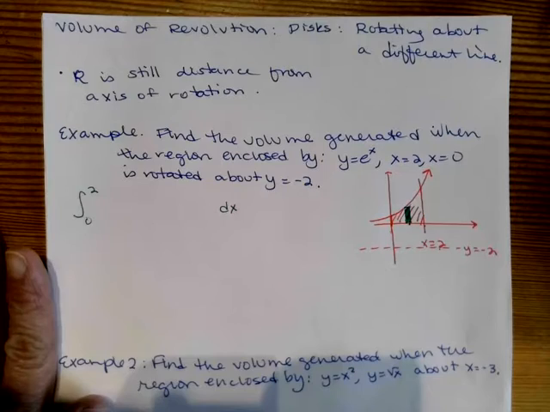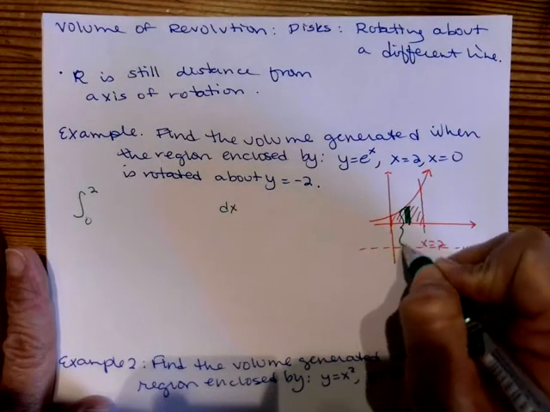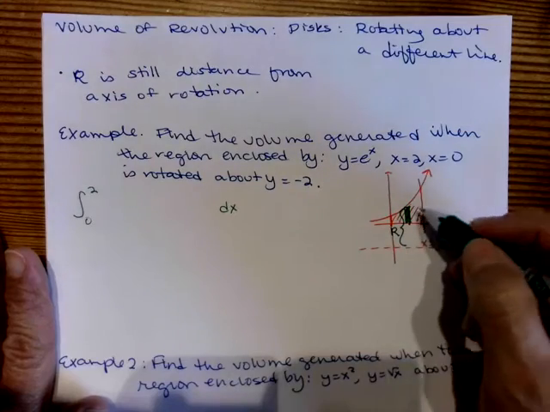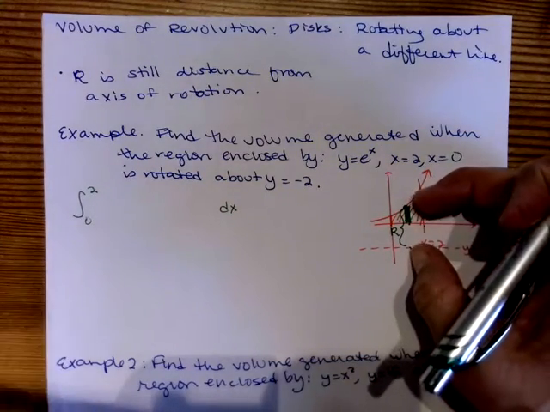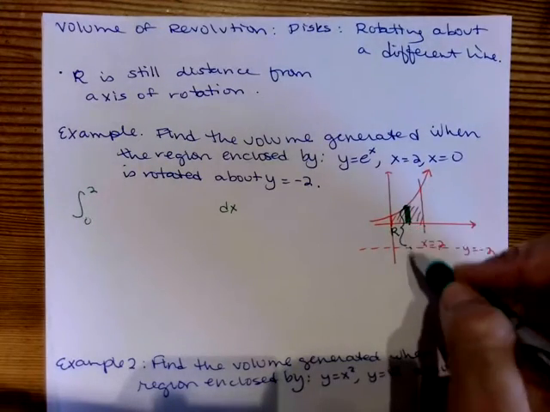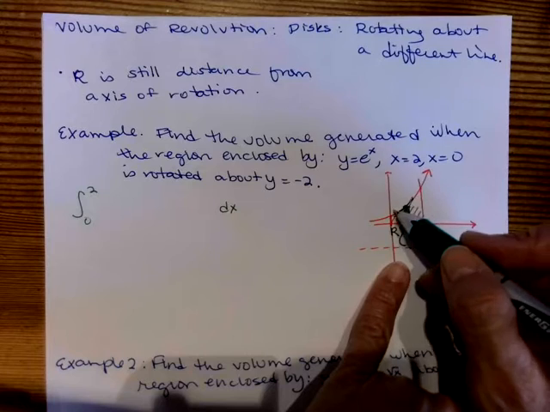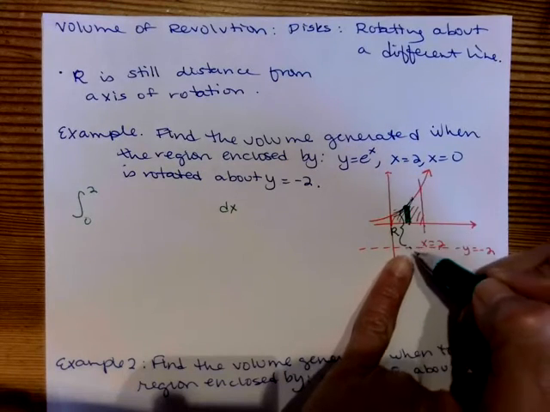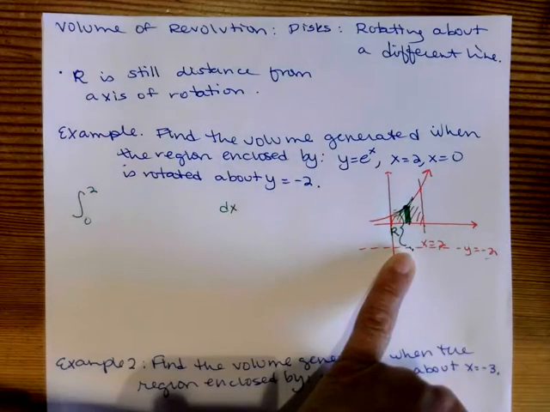But now let's think about those washers. I need my big R. How far is it from the top down to the bottom? What is that length? It's the difference in those two y values: the y value from my y equals e to the x and my y value down here, which is -2.